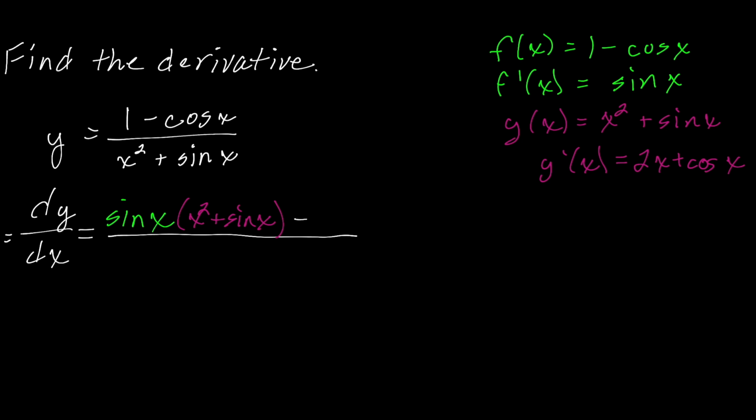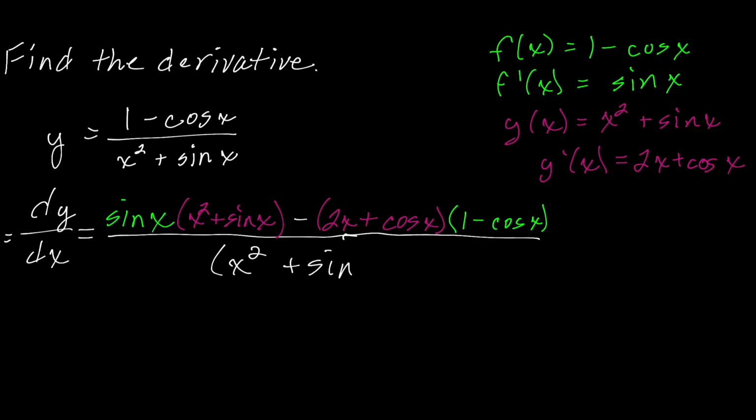So back to my red, that would give me 2x plus cosine x times the top, which is right here, 1 minus cosine x. And I'll finish putting the bottom in, x squared plus sine x. So this whole thing just gets squared.